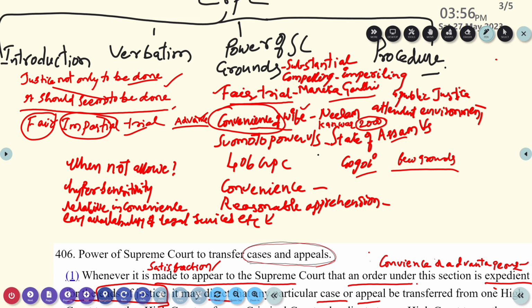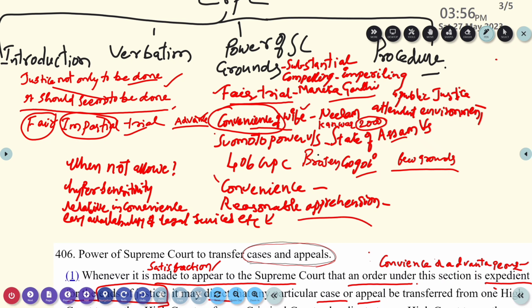Okay. Next, come to State of Assam versus Brojen Gogoi case. So, convenience is the one ground.